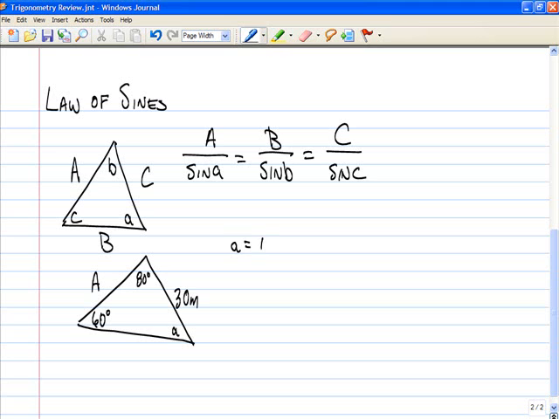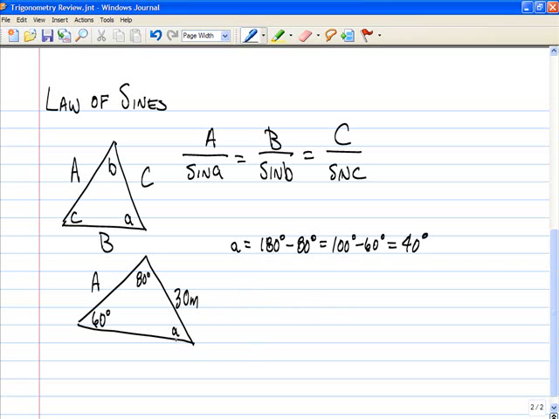A equals 180 degrees minus 80 equals 100 minus 60 degrees. So angle A is 40 degrees, isn't it? Well, let's see. So we know that now.